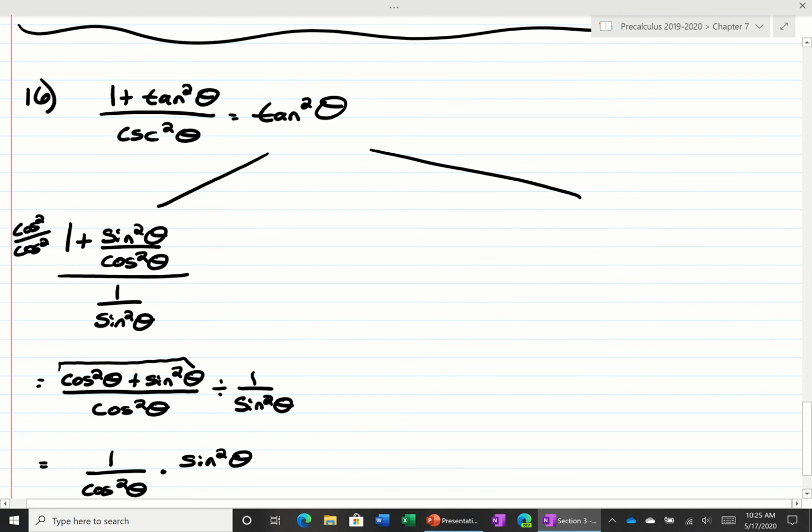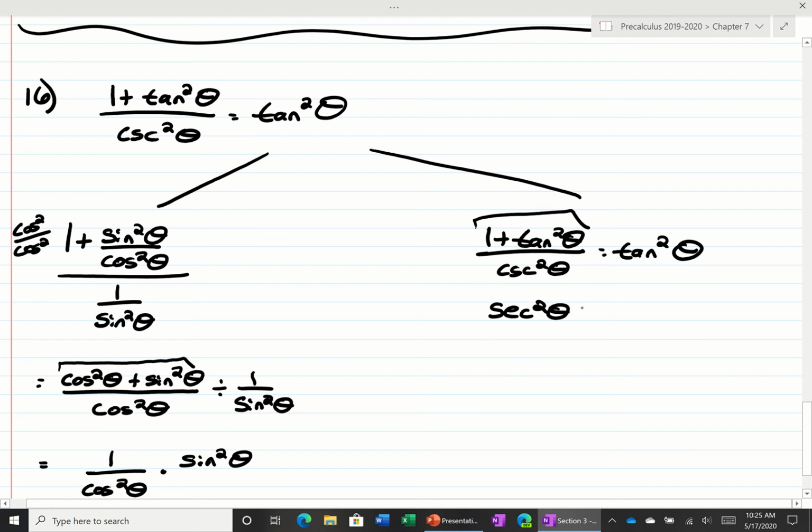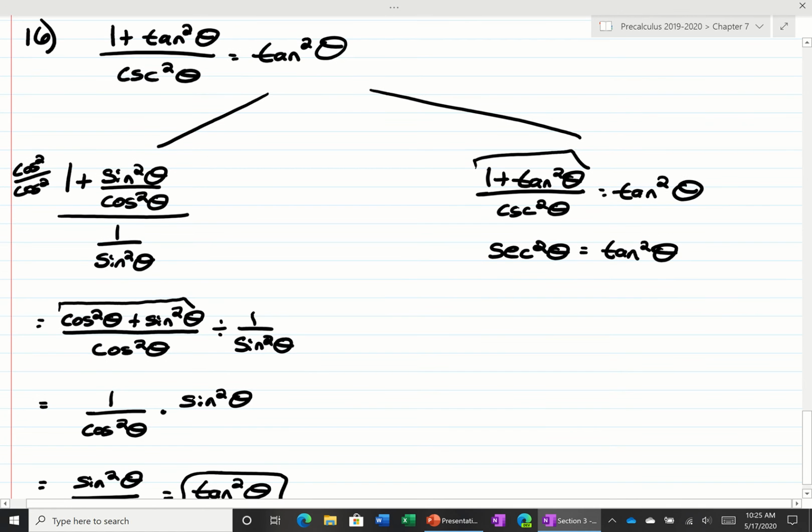Another way to do this problem is using some other identities. So let's write the problem again. Now you might recognize that this is just a Pythagorean identity. 1 plus tangent squared is secant squared of theta. Well, secant squared over cosecant squared of theta.